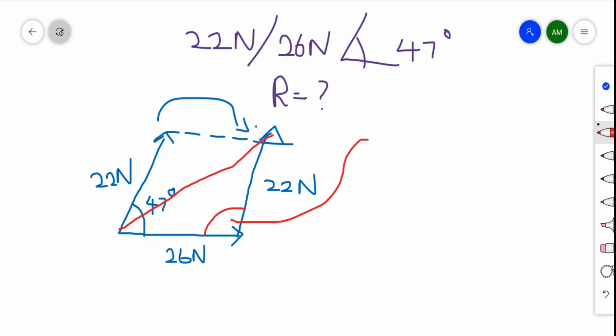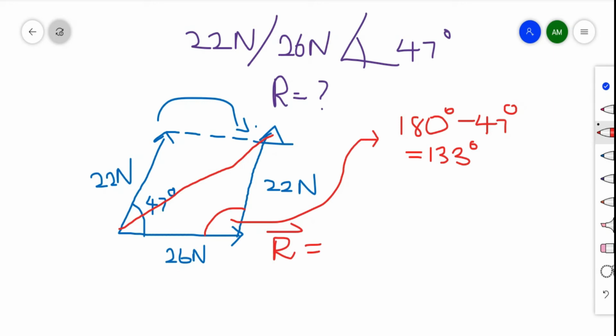Obviously this is an obtuse angle, and using basic angle laws in a triangle, I can find that 180 minus 47 degrees equals 133 degrees, and the rest is nothing to find the resultant. So the resultant would be, I write the resultant within two absolute value bars and squared.